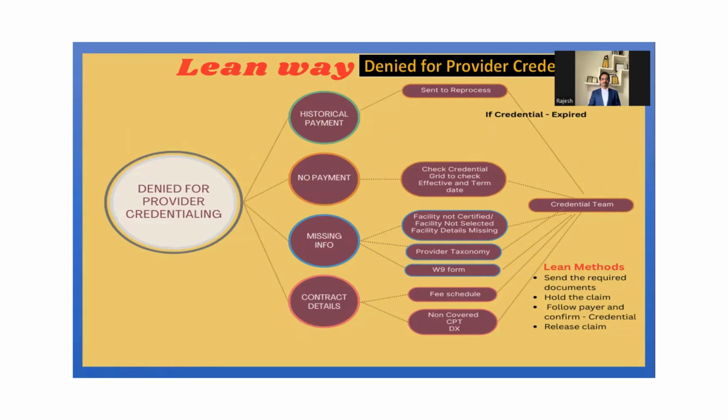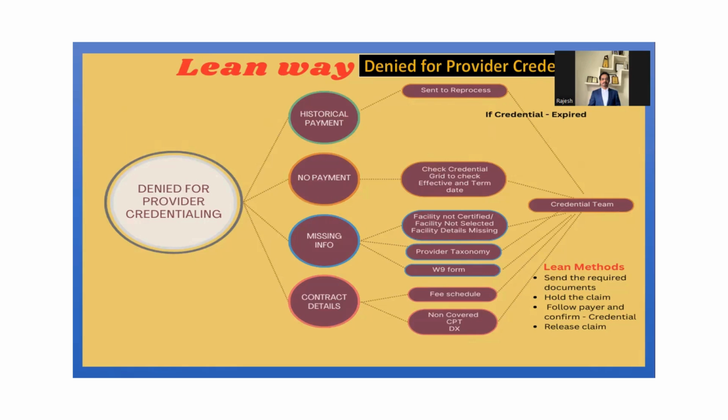They have their own time frame. Understand how much time they are going to take to update this information in their system. Till that time you have to hold the claim to avoid this kind of unnecessary denial. And once you send all the details, follow up with the payer and confirm all the credentialing details have been updated and your doctor is credentialed with the insurance, then you release the claim.